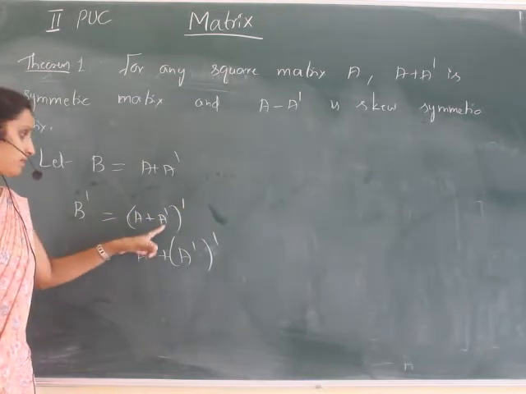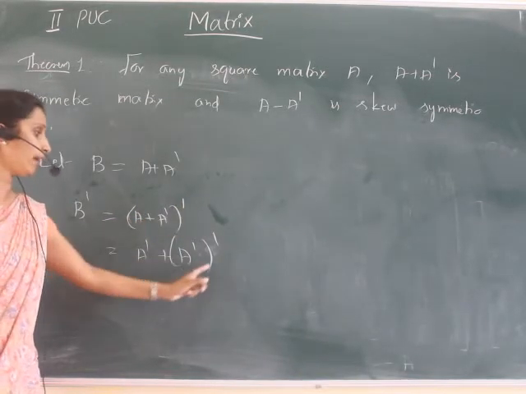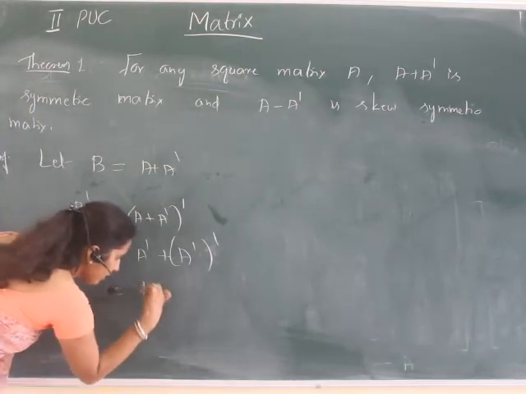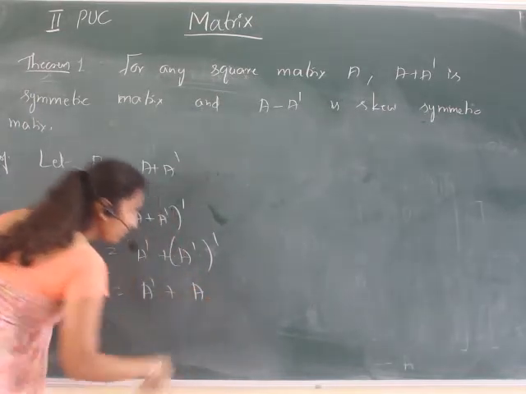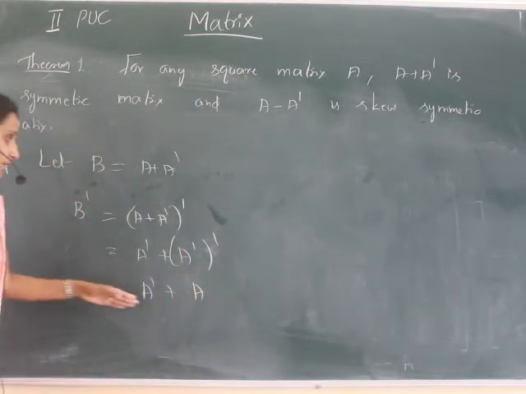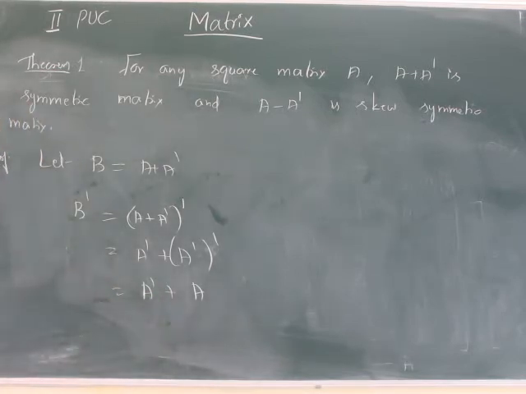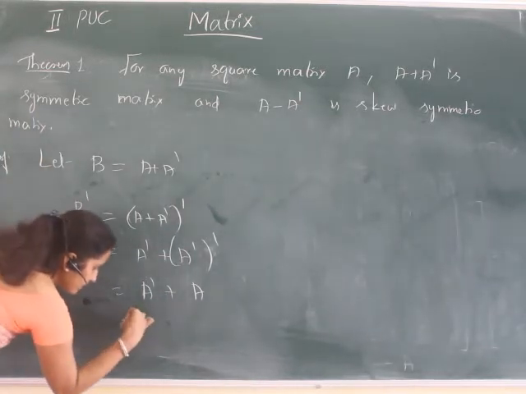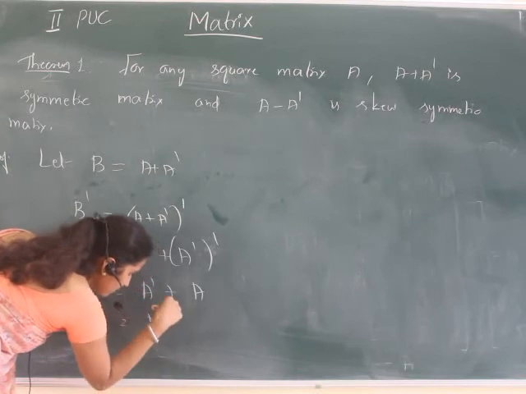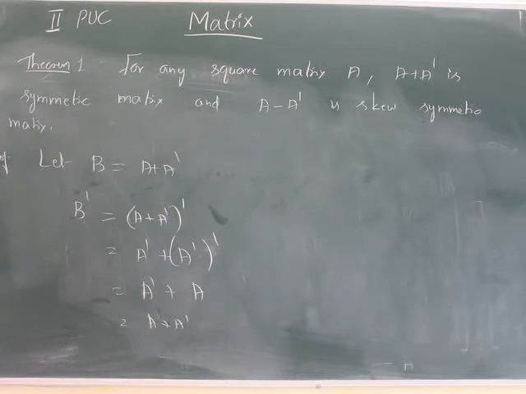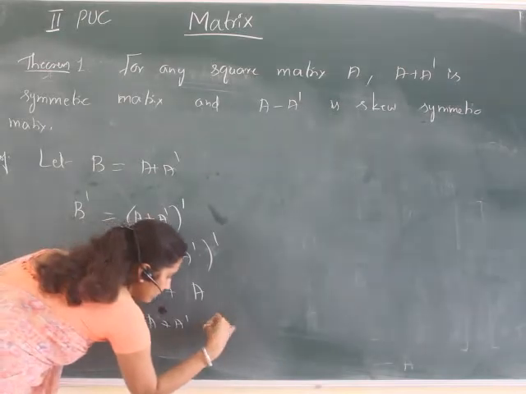So this is A transpose plus A transpose transpose, and we know that A transpose transpose is again A. So we get A transpose plus A, and matrix addition is commutative, so I can write A plus A transpose. So this is again B.